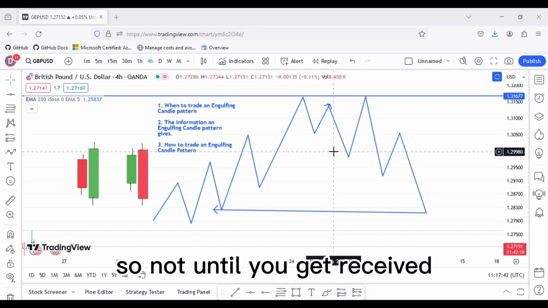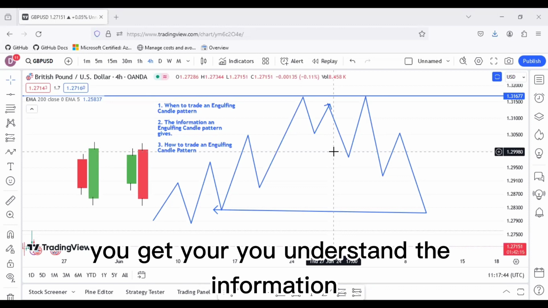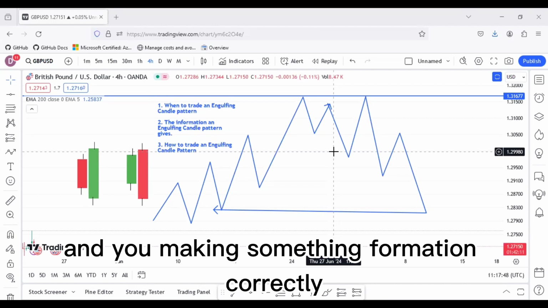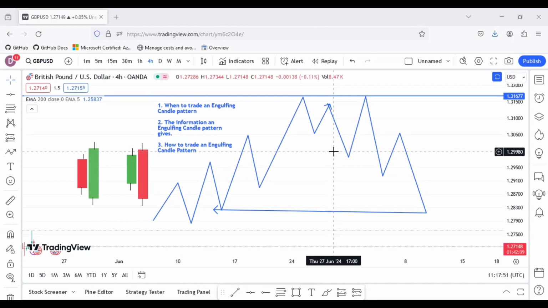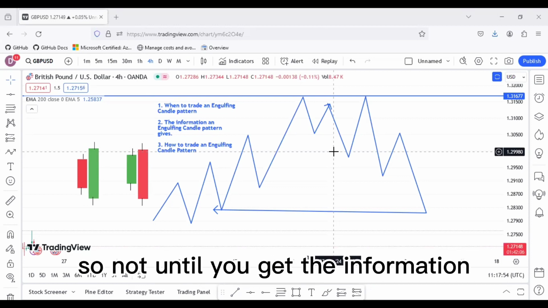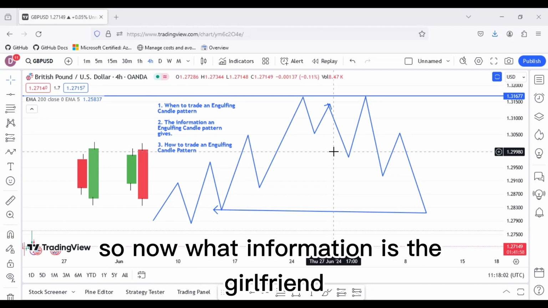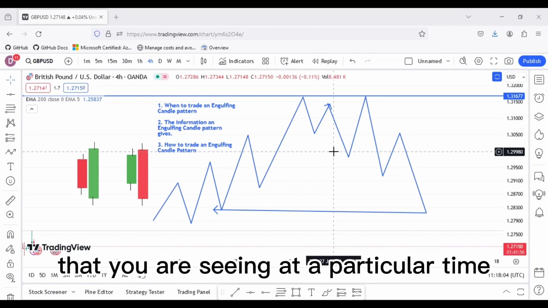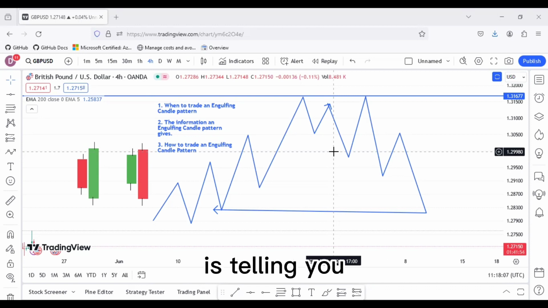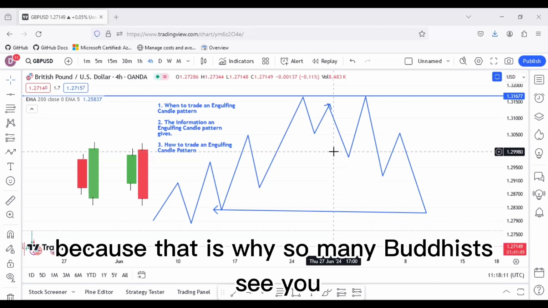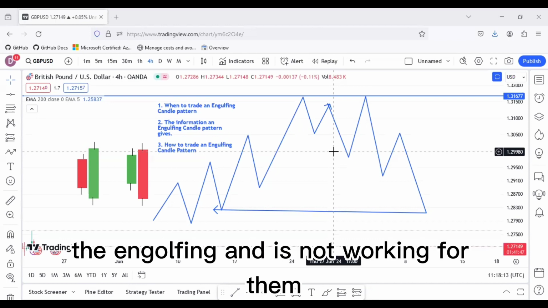So until you understand the information that the chart is telling you at a particular time, and you make use of the information correctly, you might not be able to do well. It is when you get the information and are able to use it correctly that you make money in Forex. So what information is the engulfing that you are seeing at a particular time telling you? I'm going to teach you that in this video, because that is why so many people still use the engulfing and it's not working for them.